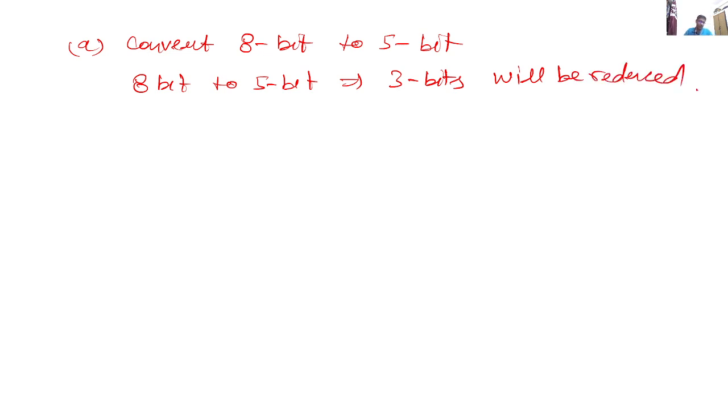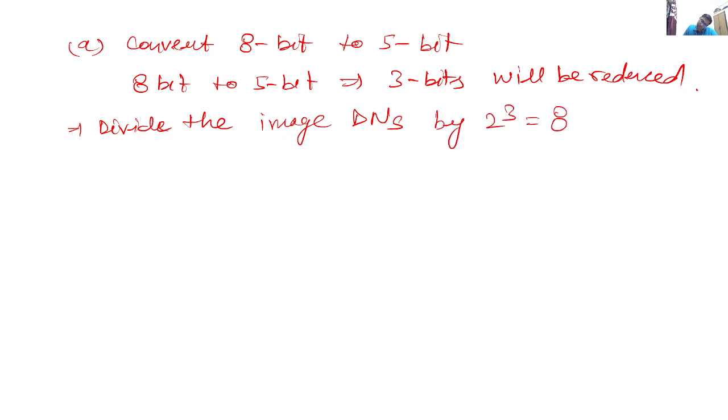Just divide by 2 to the power 3, which is equal to 8. This implies we divide the image DNs by 8 to get a 5-bit image.